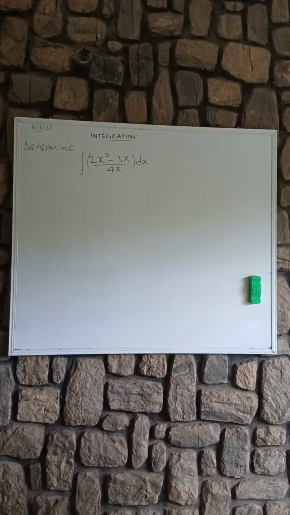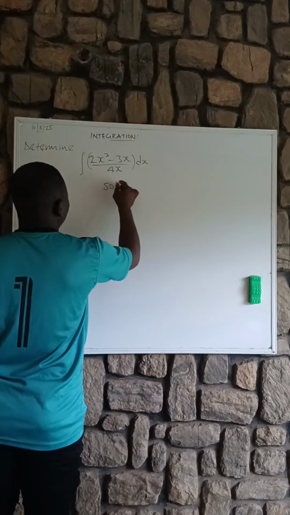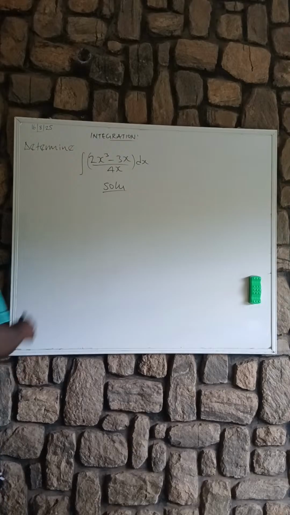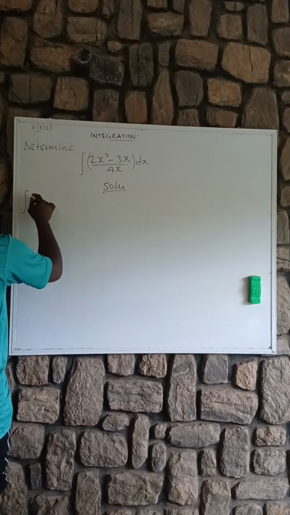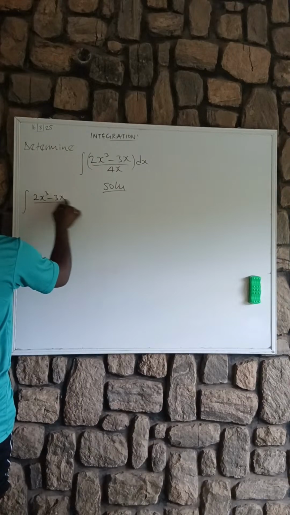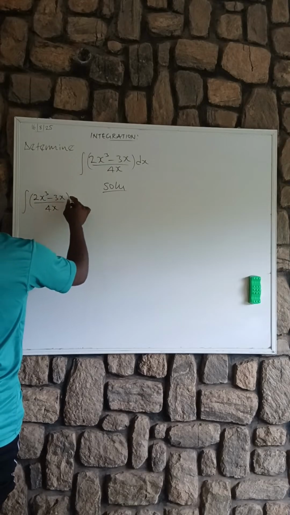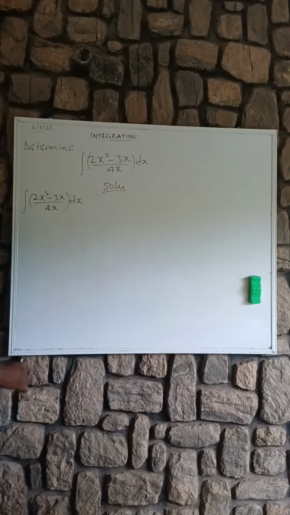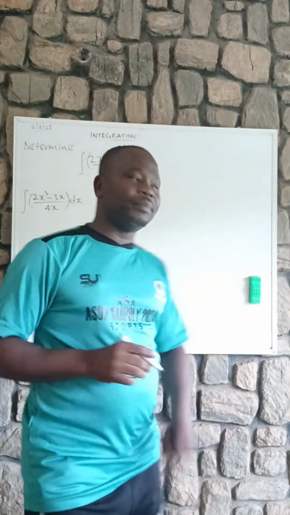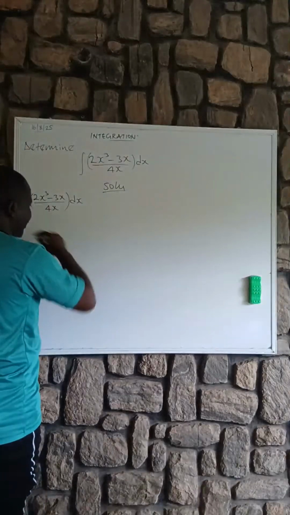Okay, yeah. So when you come across functions of this form, it is simple as ABC. What you need to do is integral of 2x raised to power 3 minus 3x all over 4x, close bracket dx. I want us to think very fast. Go back to your elementary treatment.